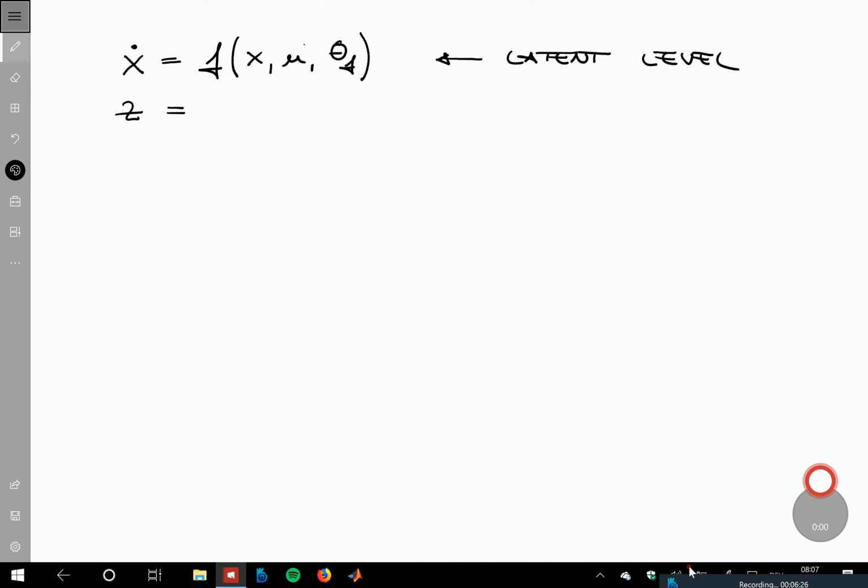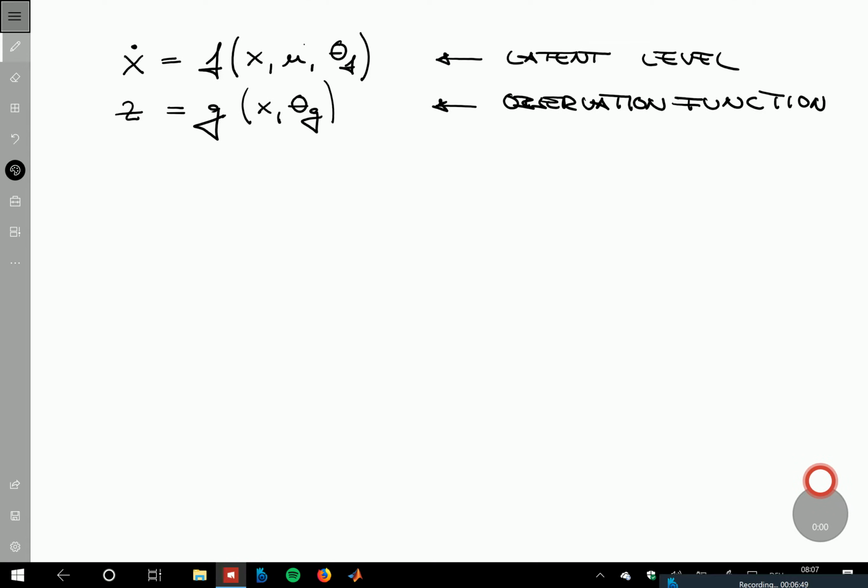And another level that one can call the observation function, for example, maps the state variables of the latent level onto some predicted MR series, again for the regions of interest.